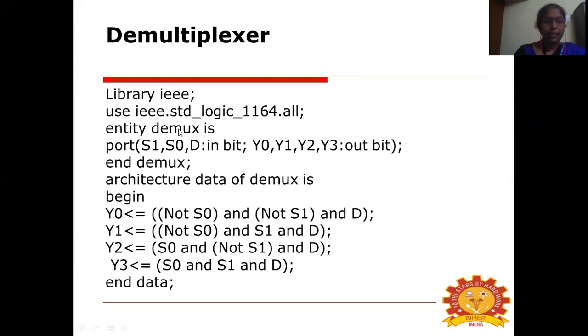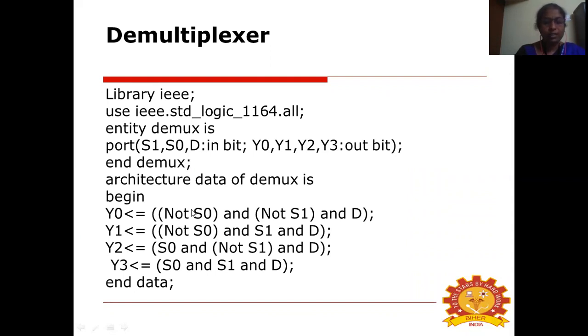Demultiplexer. Library IEEE, use IEEE.std_logic_1164.all. Entity is demultiplexer. S1, S0 are control signals. D is the input signal. Y0, Y1, Y2 and Y3 are output signals.